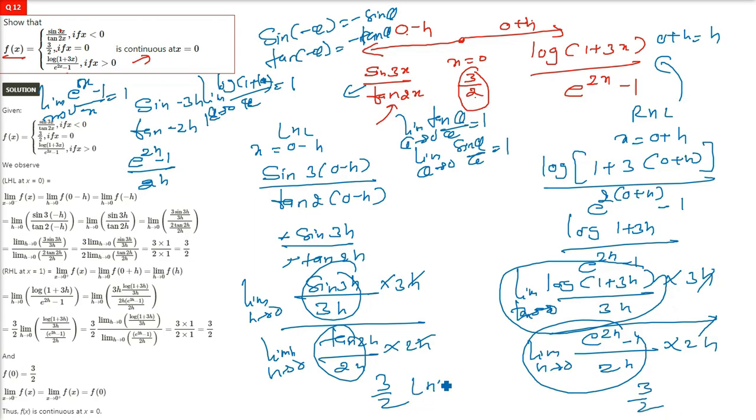Okay, left hand limit, right hand limit 3 by 2. What is the value of the function at x equals 0? It is already given in the question, which is 3 by 2. So the left hand limit, the right hand limit and the value of the function at x equals 0 is 3 by 2. So the function is continuous at x equals 0.